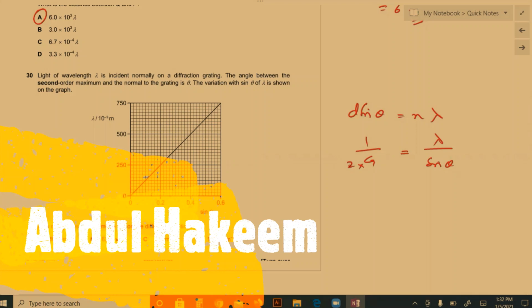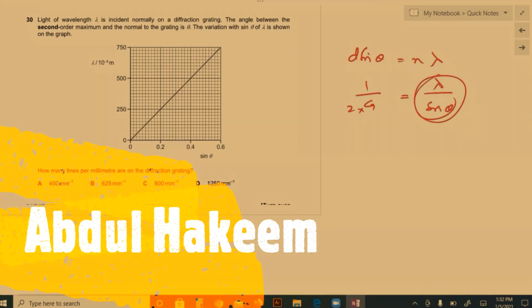So lambda divided by sine theta is the gradient, and the gradient is equal to 1 over 2g, which is equal to 750 divided by 0.6. When it is calculated, g is approximately 400 per millimeter.